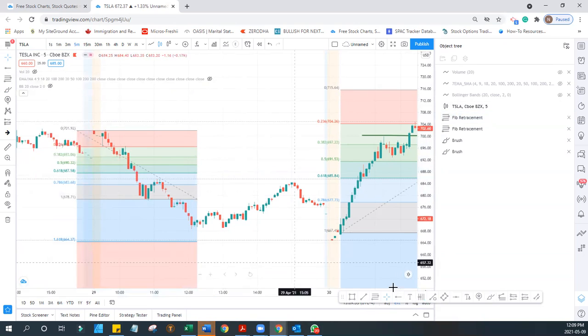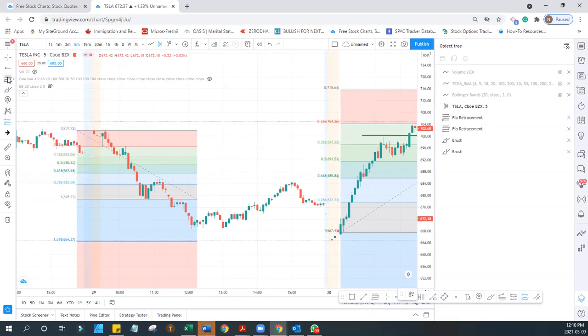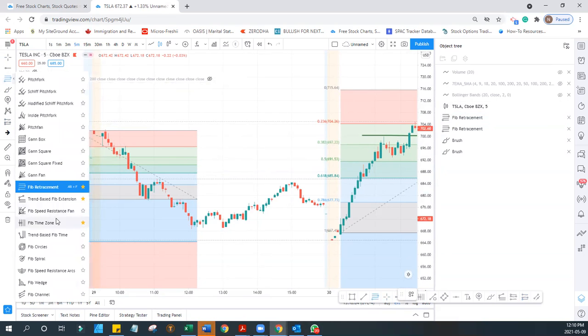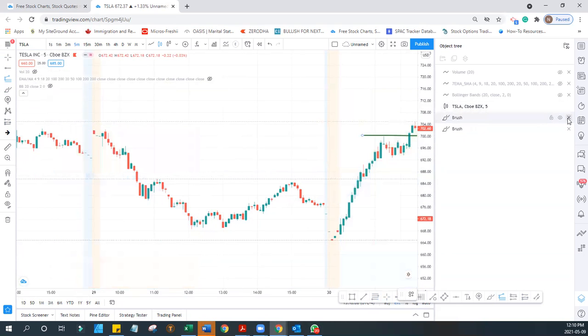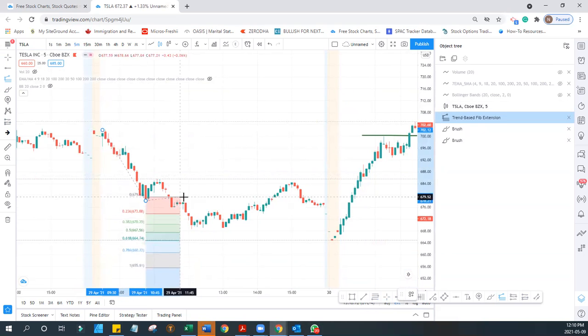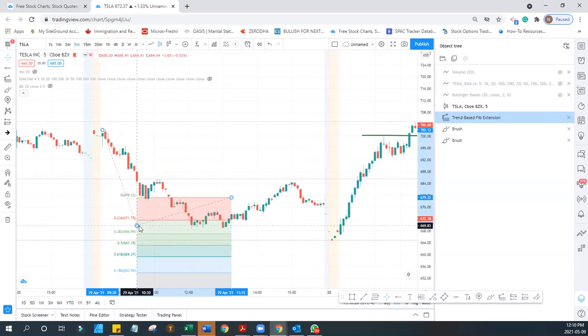Trend based Fib extension. Okay, I'm gonna cancel this thing. So the trend is here. So this was the trend, right?